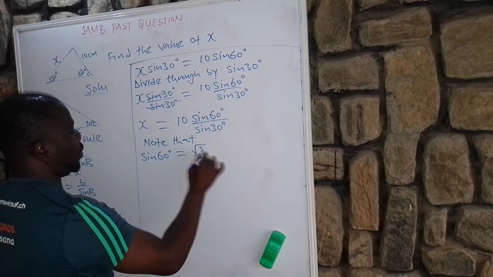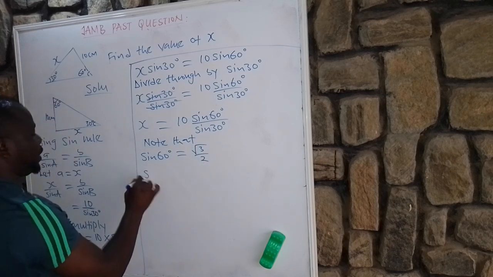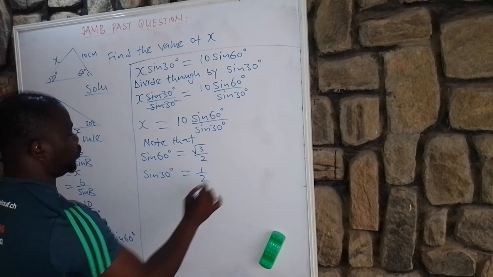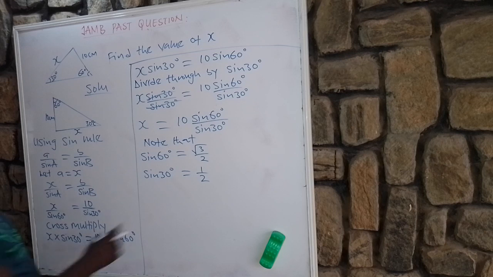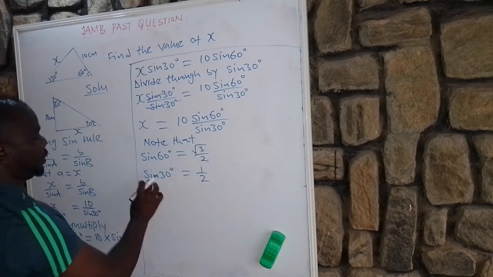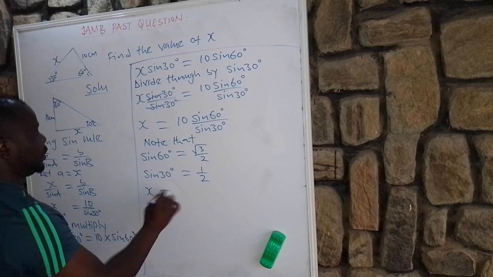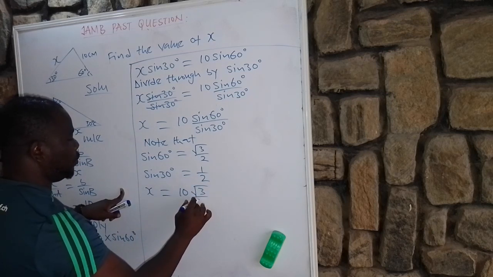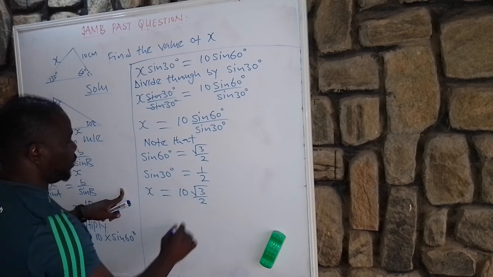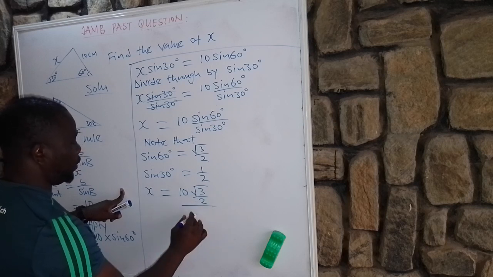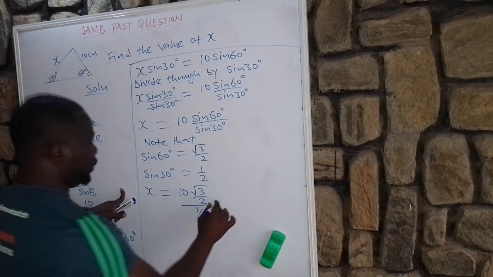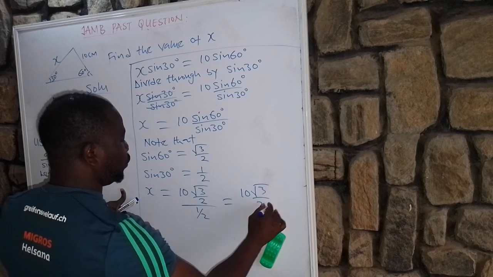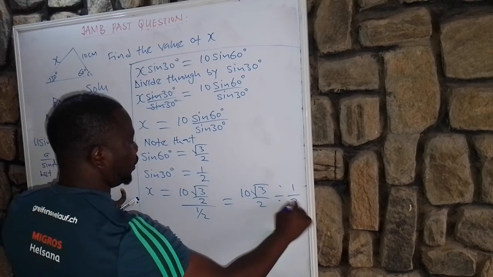Root 3 all over 2, and sine 30 degree is equal to 1 all over 2. So take note. Instead of this, we write this. So our X is equal to 10 times root 3 all over 2, then all over 1 all over 2. Then this is equal to 10, root 3 all over 2, divide 1 all over 2.